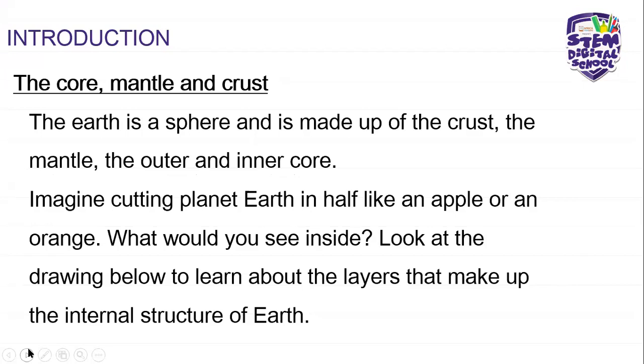Imagine cutting planet Earth in half, like an apple or an orange. What would you see inside? So we're going to view some diagrams that will explain better for us to understand the structure of Earth.